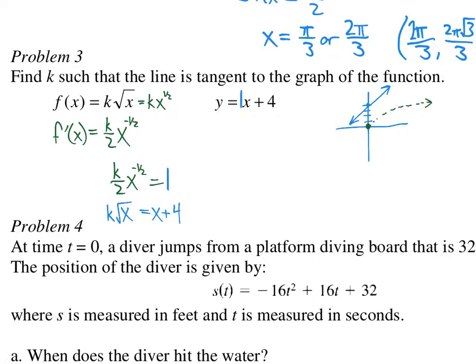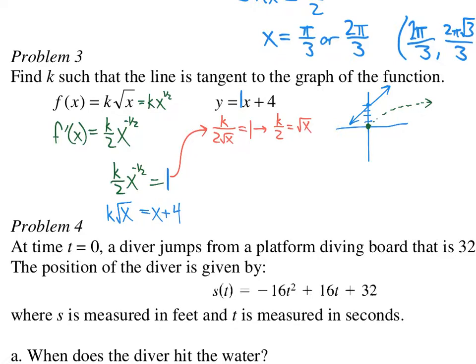Okay? All right, so what I'm going to do with this is k over 2 root x equals 1. If I simplify the negative fractional exponent, I'm going to multiply both sides by the square root of x, because that will tell me that k over 2 equals the square root of x.